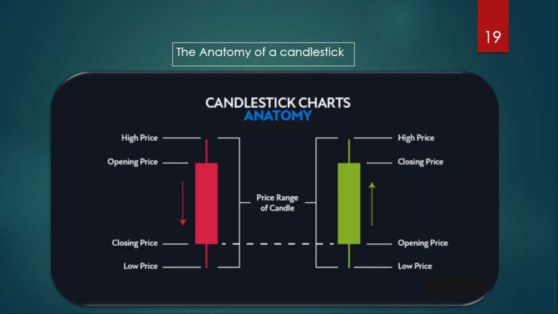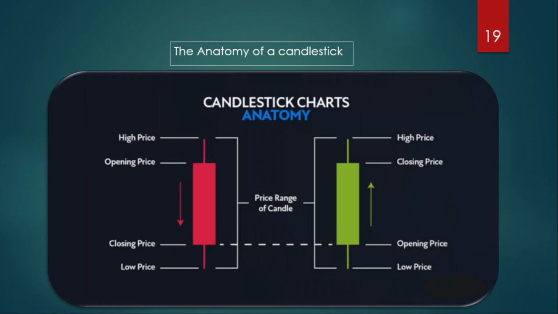You need to understand this before we go further. On your platform, you can choose the color that you want your bullish and bearish candlesticks to be. It's your choice. You can customize the colors to what is more appealing or understandable to you.